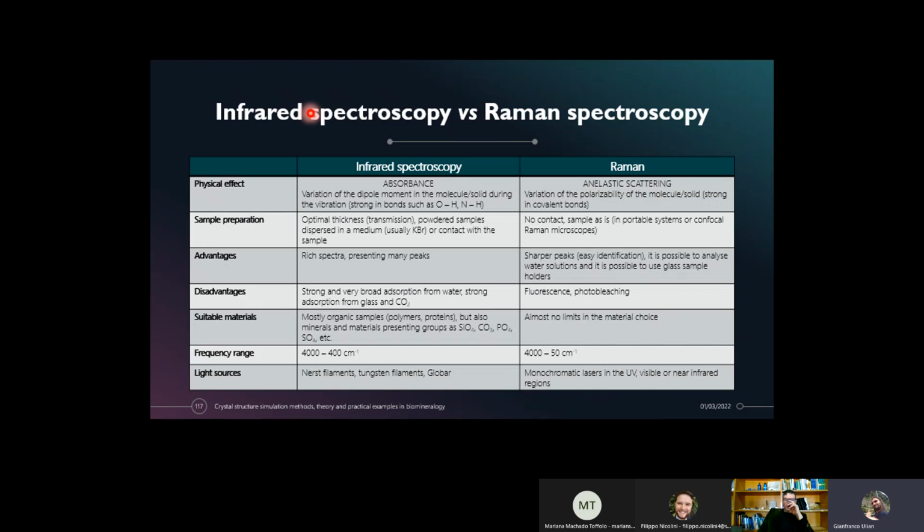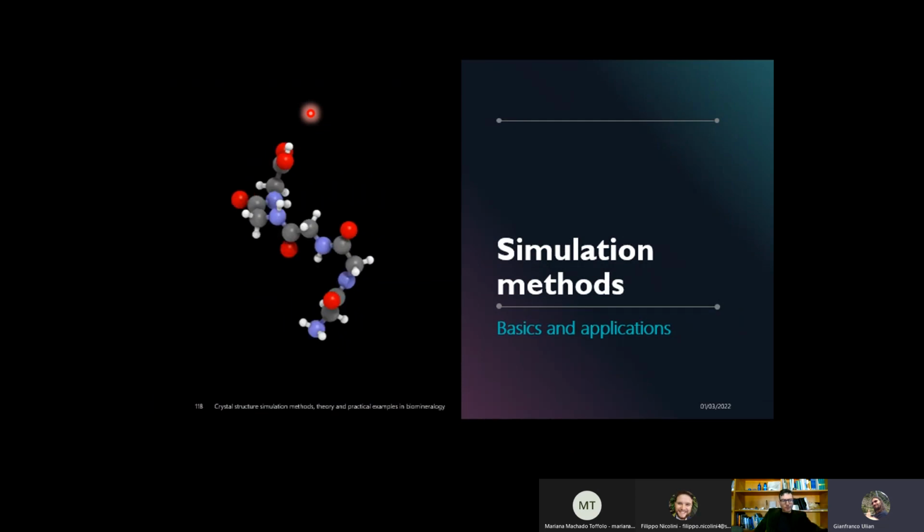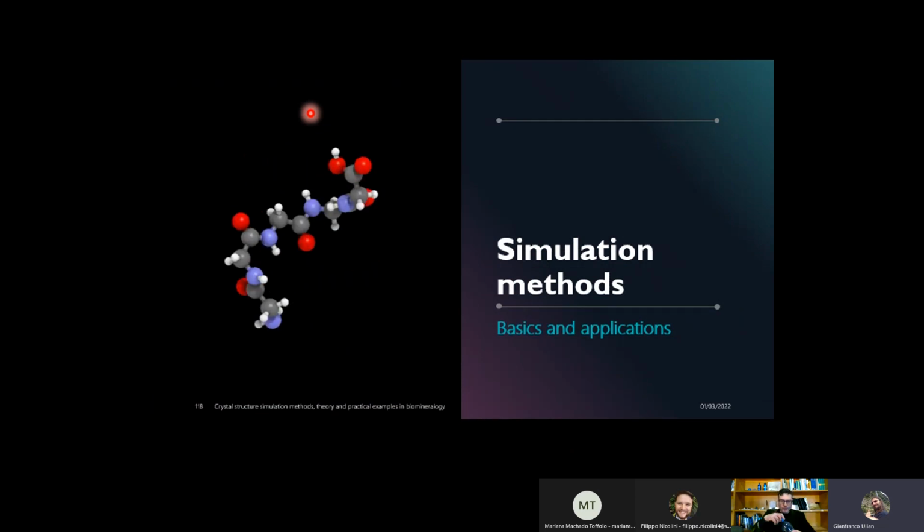If you use polarized light, you fix the direction of the electric vector of the light, and then you can rotate your crystal with respect to the fixed position. The detector is optimized for the best signal in terms of intensity. Any other question?